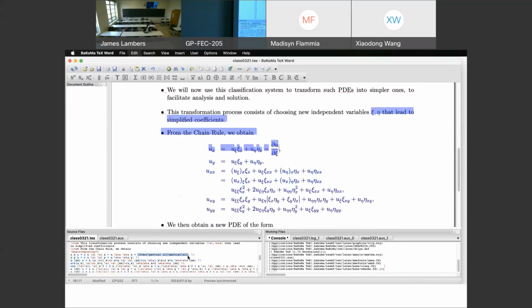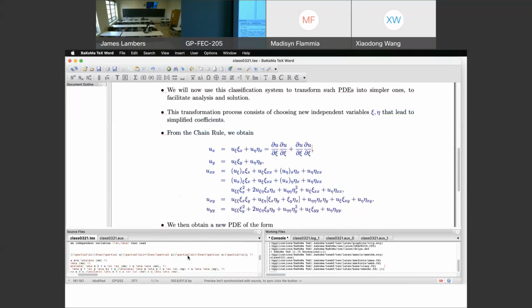So you're going to need a bunch of fractions like that. All right, so du/dx equals partial u, partial xi, partial xi, partial x, plus partial u, partial eta, partial eta, partial x.